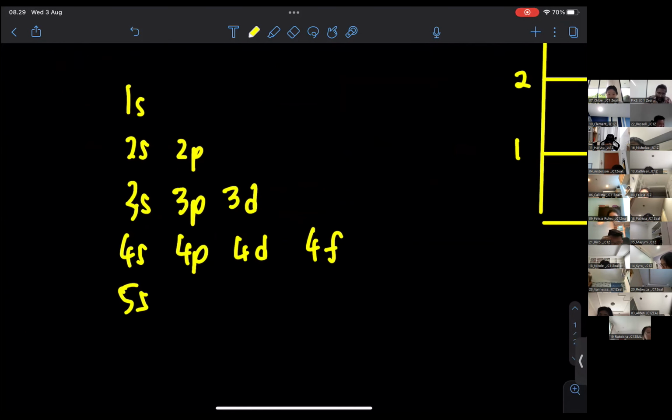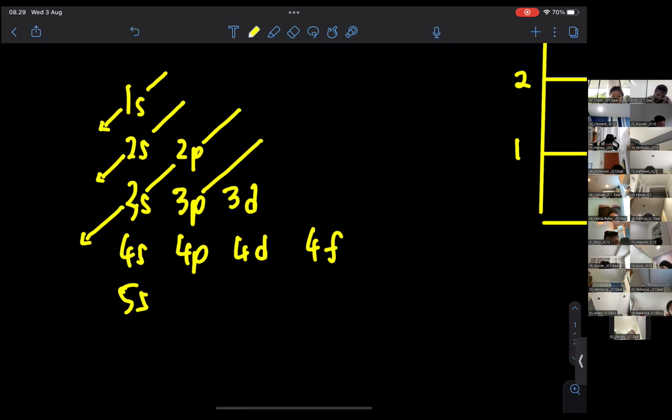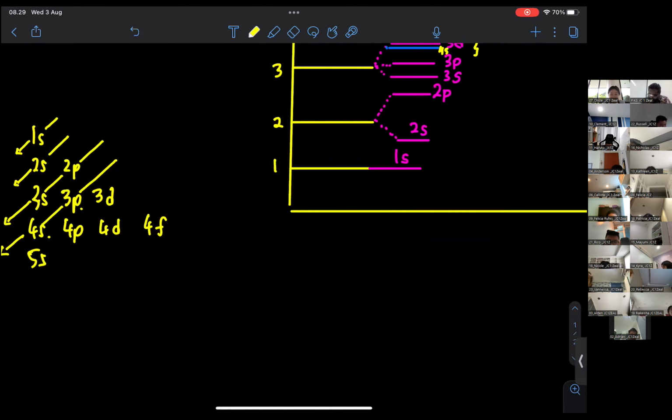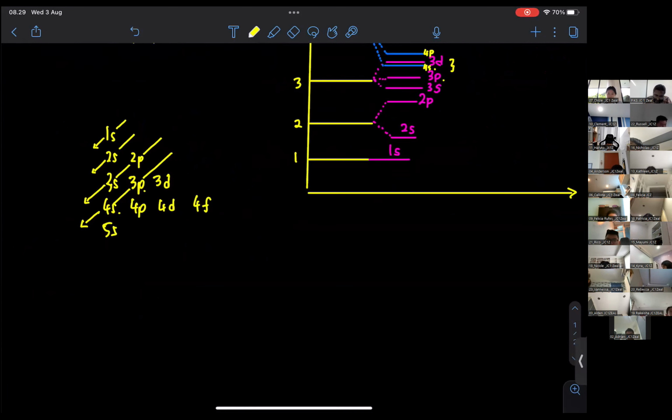When I want to fill up the electrons, I fill up 1s first, then 2s, then 2p followed by 3s, then 3p followed by 4s, not 3d. You can see after 3p is 4s. Then only do you fill up 3d, 4p, and 5s.